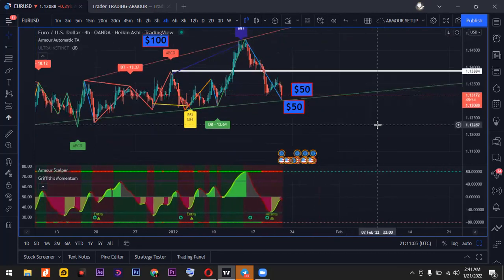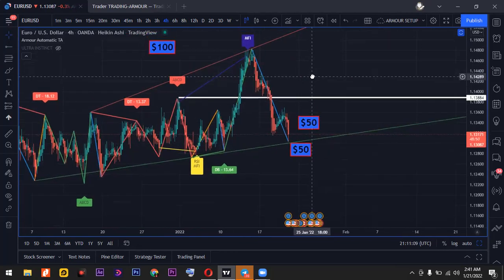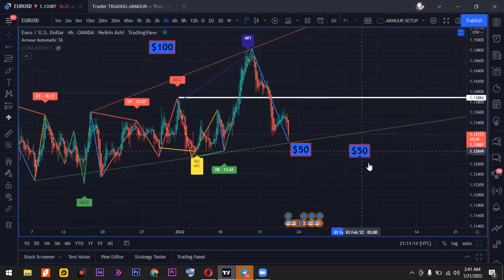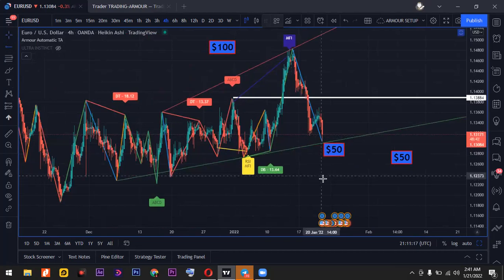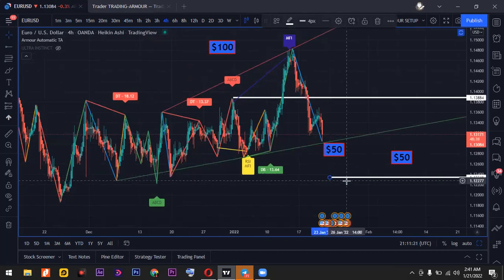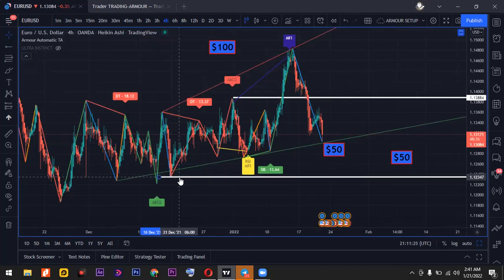Why not 100%? Because it's not wise to invest $100 whenever we see the support hitting. So what we do instead is wait for the next support to hit. Here is the next support, because here is the old bounce back. Here is a lot of volume.